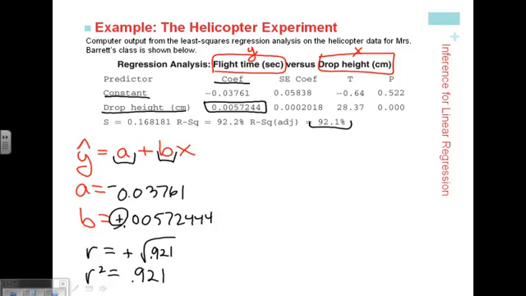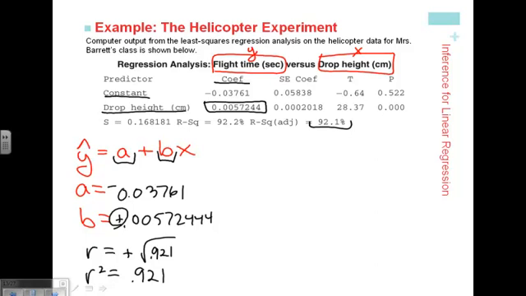So from this output, we've got essentially all the information that your calculator would also give us. And again, I'm telling you right now, I need you to be able to pull that information out just as easily as if it came off your calculator. Everyone okay with all of that?